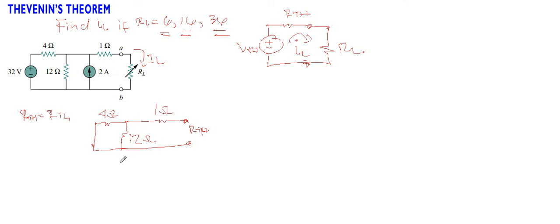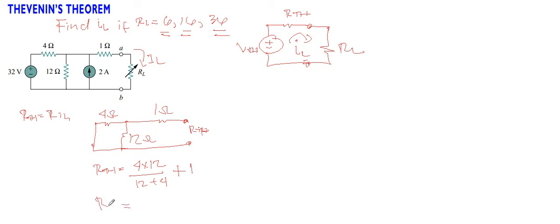So now, our RTH is simply equal to 4 in parallel with 12, which is 4 times 12 over 12 plus 4, in series with 1 ohm.